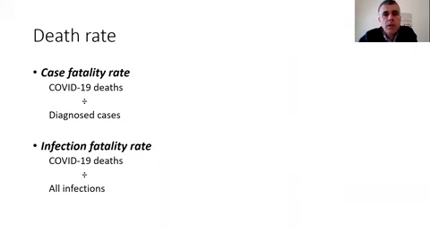So some of the most important quantities to think about are the infection fatality rate. The case fatality rate is something that's discussed a lot, and it's important to understand the difference between these two things. So the case fatality rate is the number of deaths divided by the number of cases that are identified.